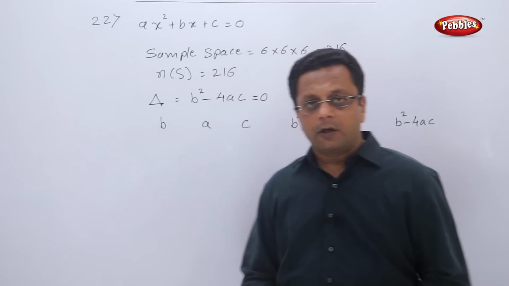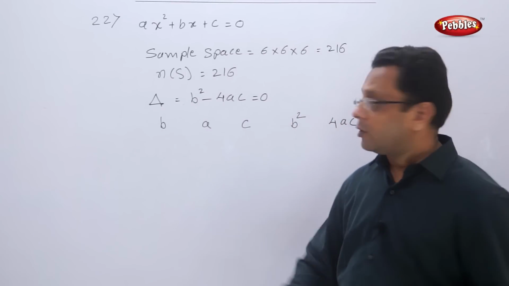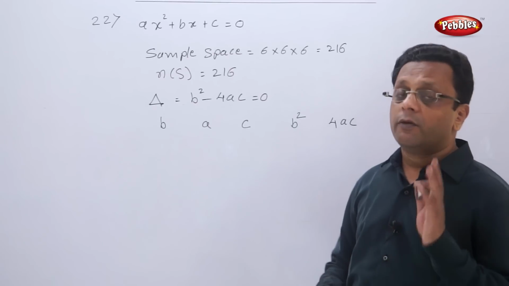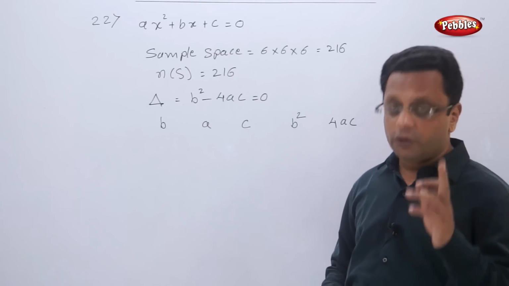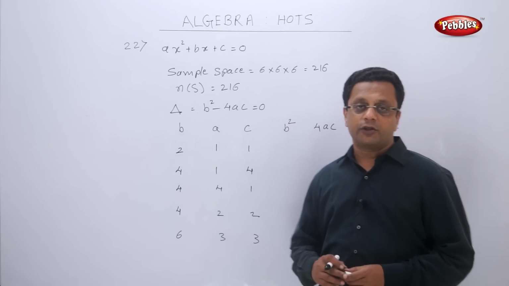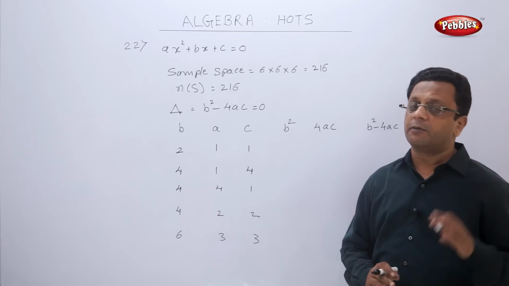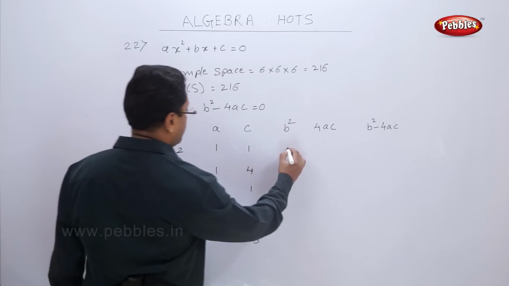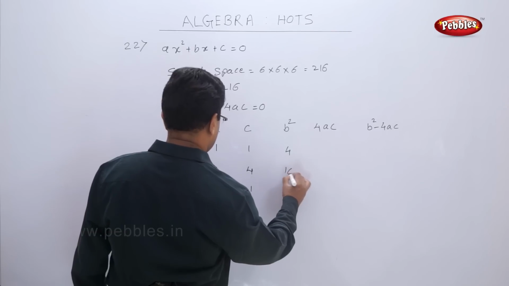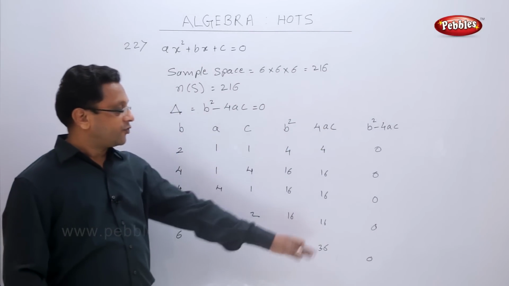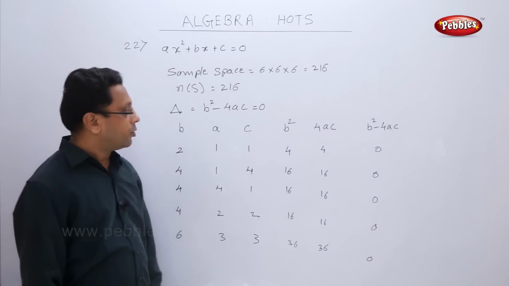Now let us write the possible values of b, a and c by throwing the dice, by which we will get the discriminant equal to 0. Only if we have this combination will you get the discriminant equal to 0, because then b square is 4, 16, 16, and b square minus 4ac will be equal to 0.